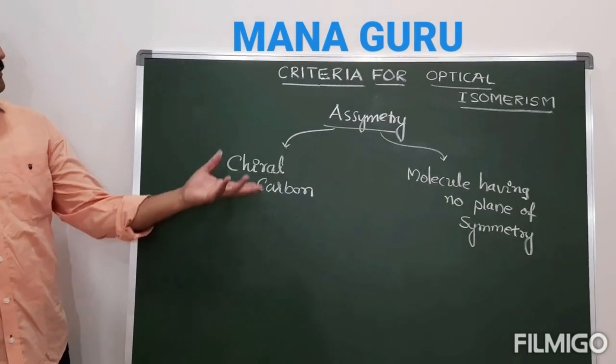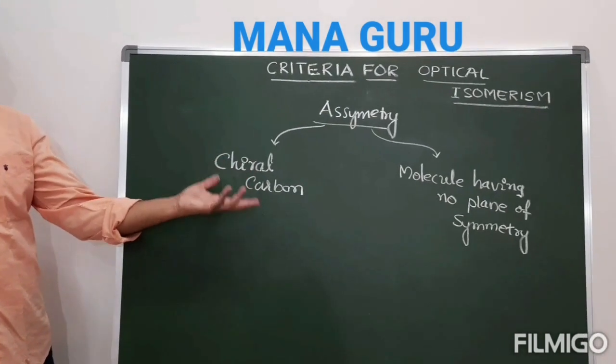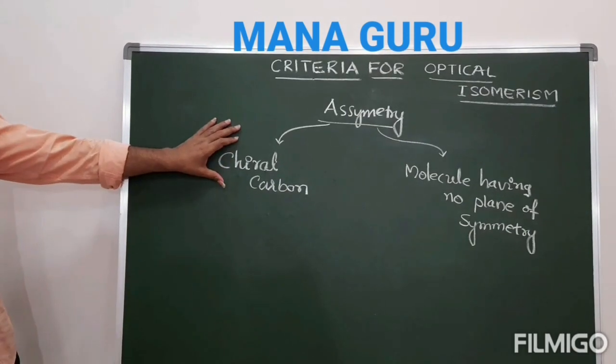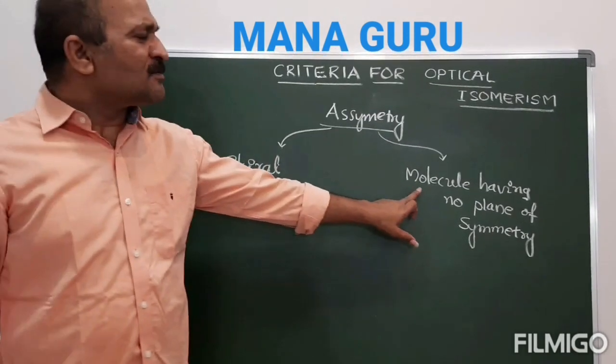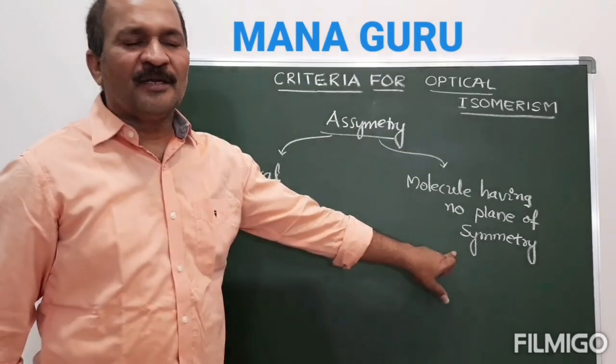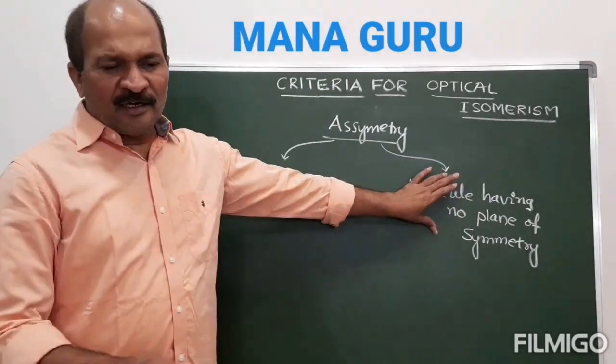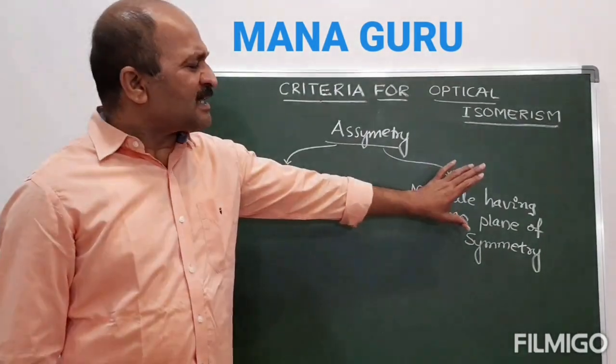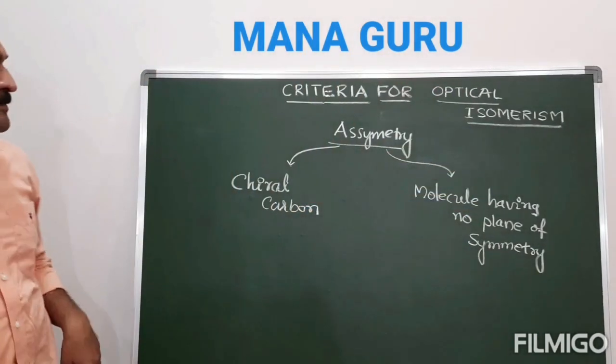One is chirality or optical activity that develops due to the chiral carbon, and another reason is the molecule having no plane of symmetry. Whether it has a chiral carbon or no chiral carbon, it has a chance to exhibit optical isomerism.